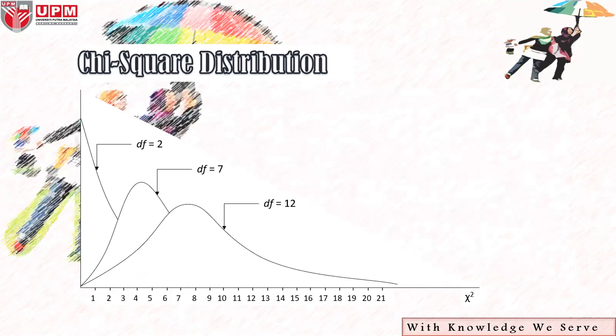So this is the example of chi-square distribution according to the number of degrees of freedom. Start with 2, they are positively skewed. Degrees of freedom 7, they start to become symmetric, and then 12 dia lagi cantik. So the higher the number of samples, sebenarnya bentuk shape dia tu akan lebih symmetric.